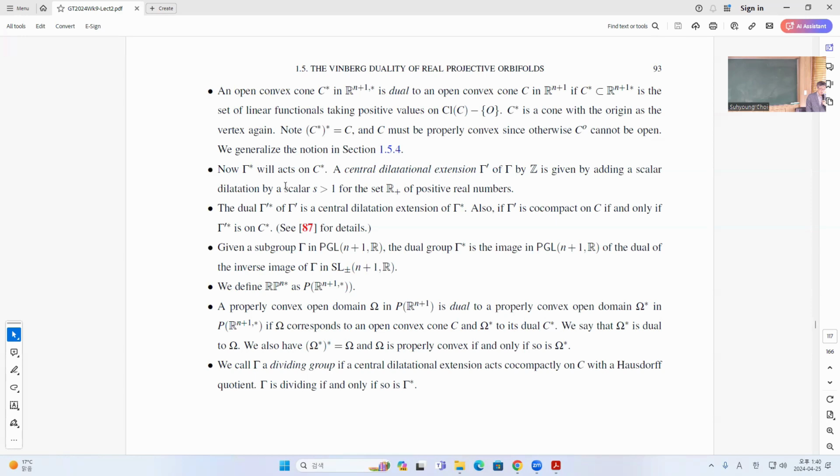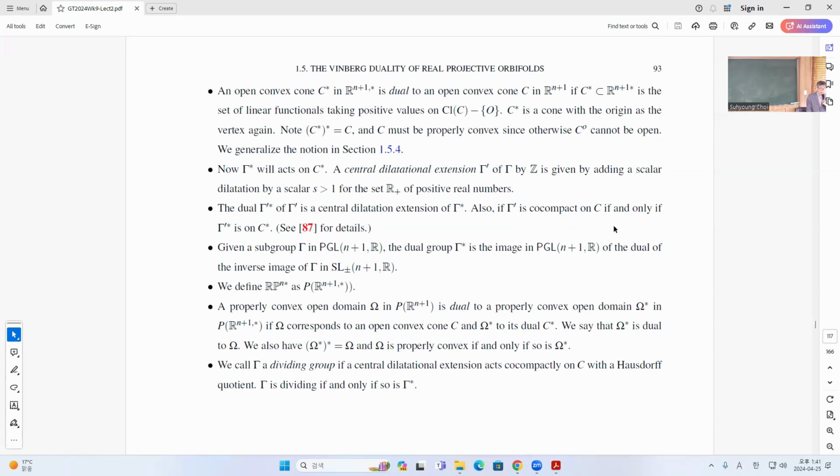So let's say gamma. This dual group will also act on C star, and the central dilatation extension by Z is given by adding scalar dilatation by s for the positive scalar numbers. So the dual of some gamma prime: if you have a central dilatation, you can do the same for the dual group, and this is a dilatation extension again.